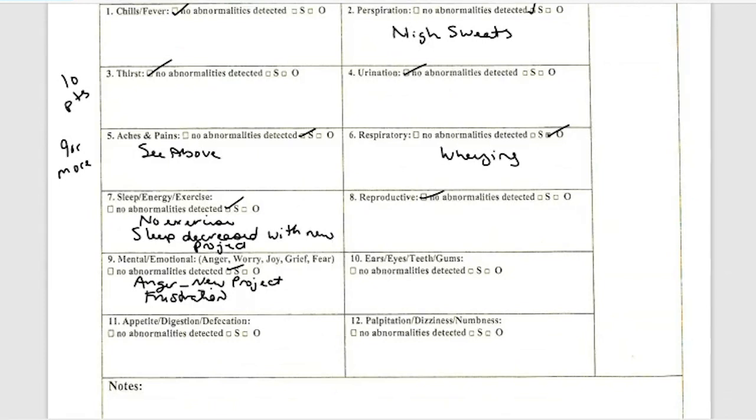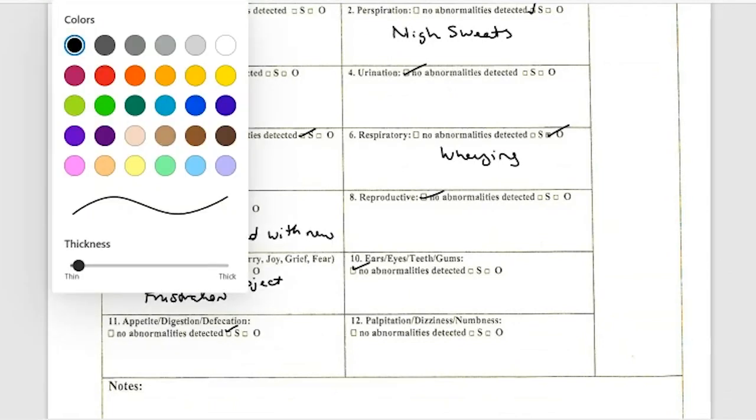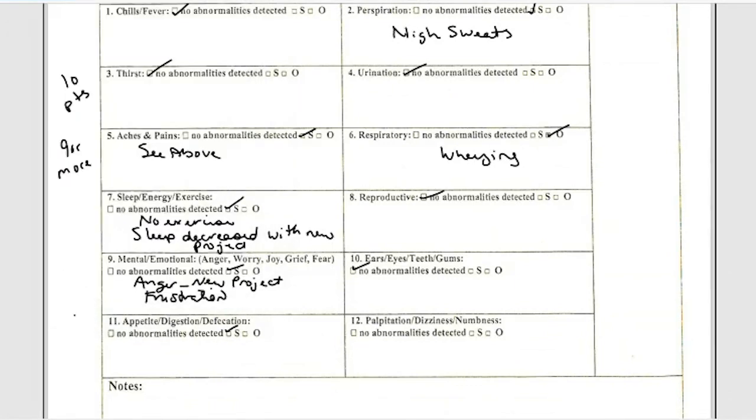Ears, eyes, teeth, and gums. Let's say no abnormalities detected. Appetite, digestion. Well, from our main complaint, we already had lack of appetite, right? Decreased appetite. You can write it again.